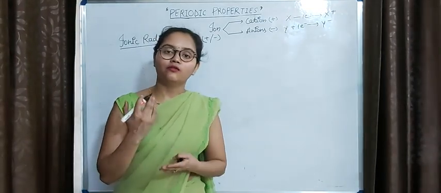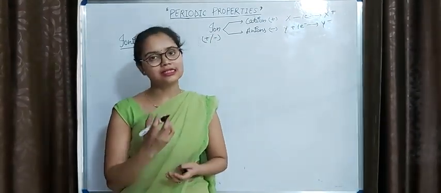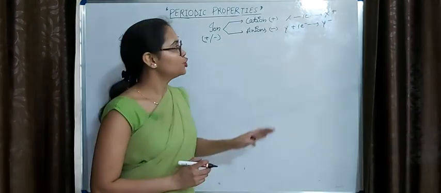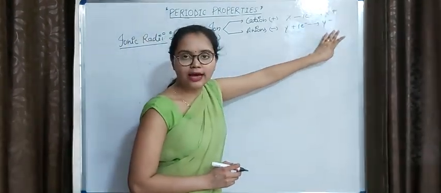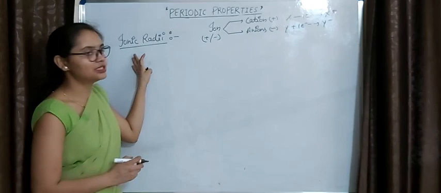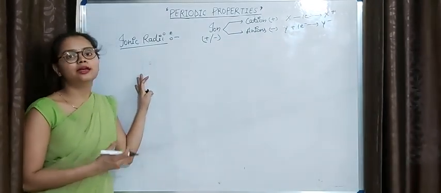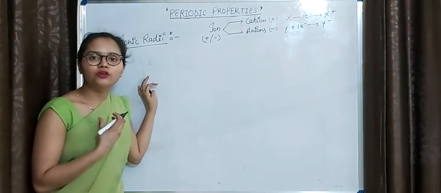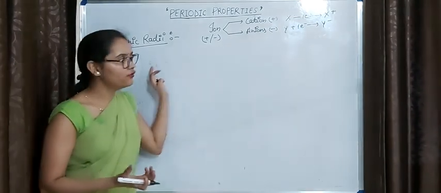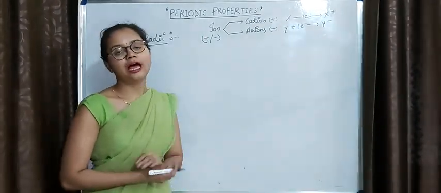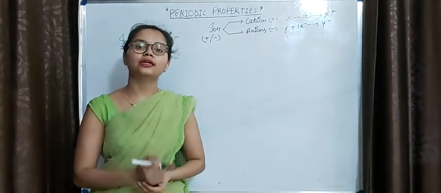Now, when we want to express the size of ions, we will use this term, ionic radii. So this is the role of ionic radii, that by using ionic radii we can express the size of ions. Now the question is, what is ionic radii?